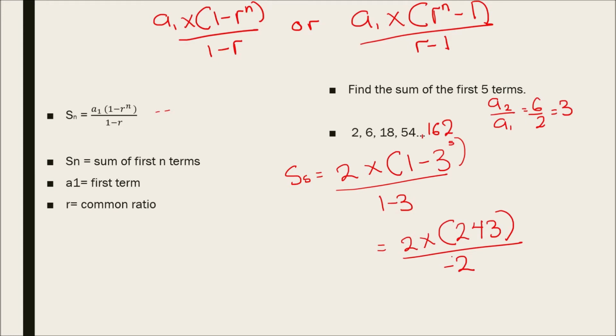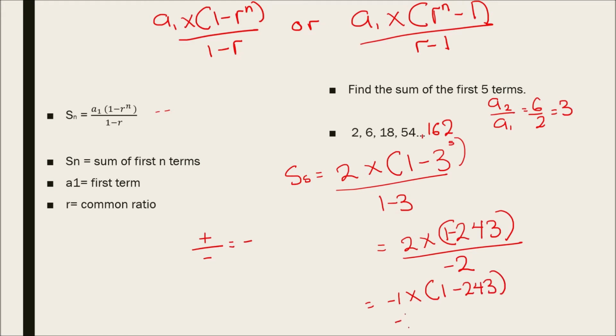Okay, we have 2 and minus 2 here, so we can quickly divide. Remember, positive divided by negative will always give me negative. So 2 divided by minus 2 will give me minus 1, times 1 minus 243. What is 1 minus 243?